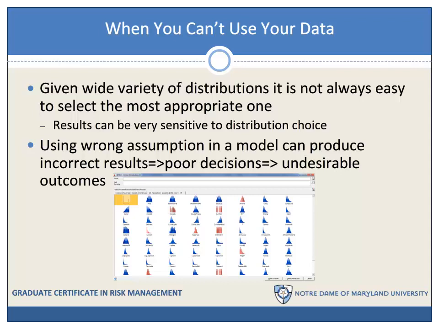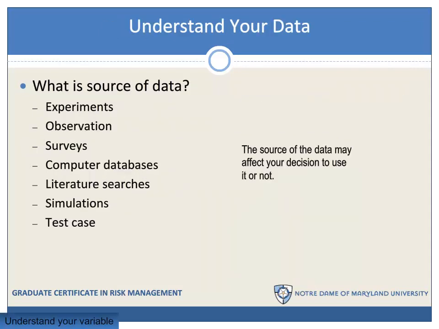So what we'll begin in the remainder of this video and continue in the next video is to consider what you do when you're not going to use your data directly, but when you are going to choose a probability distribution to represent your data. As a starting point, of course, you have to understand your data.